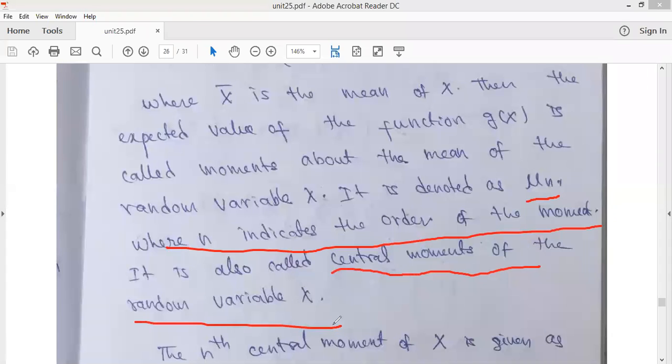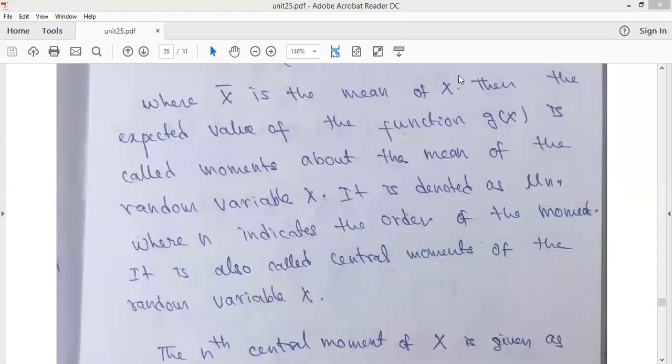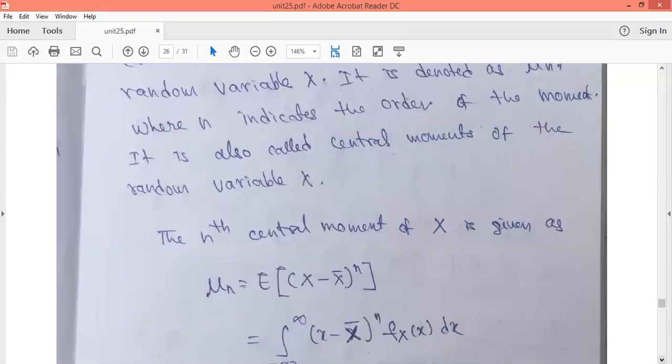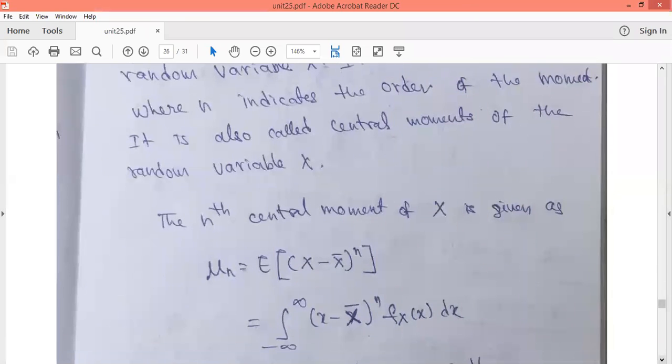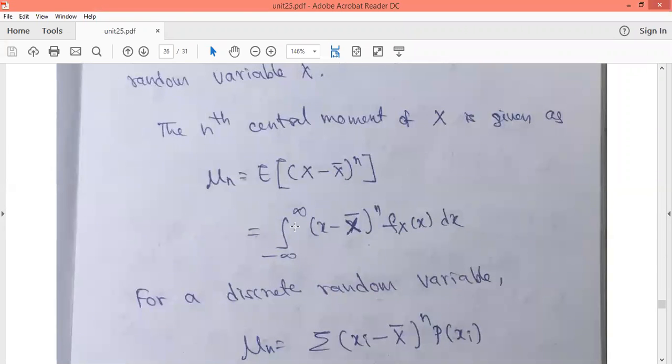Now we'll see what the nth central moment of x is. The nth central moment of x, mu of n, is equal to the expected value of (x minus x bar) to the power n. This can be written as the integral from minus infinity to plus infinity of (x minus x bar) to the power n times f_X of x dx. This is the case for a continuous random variable.